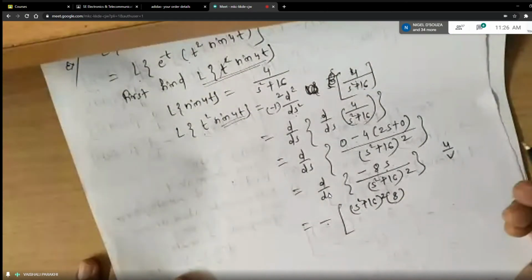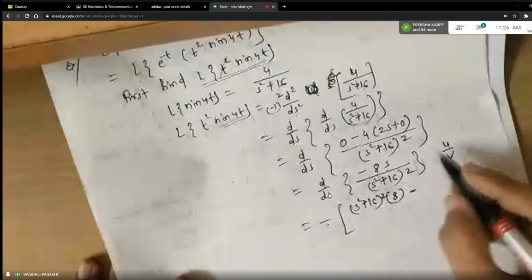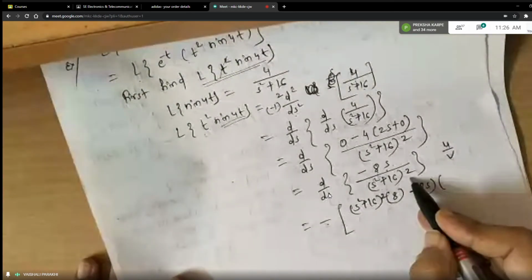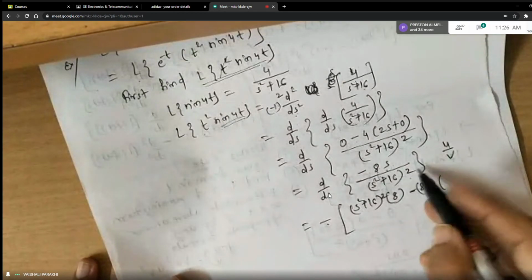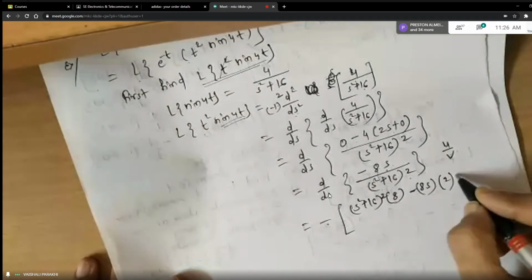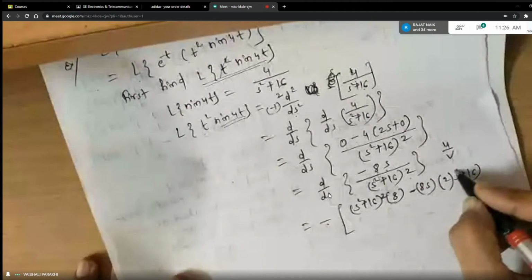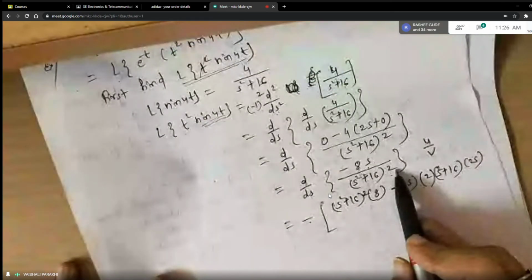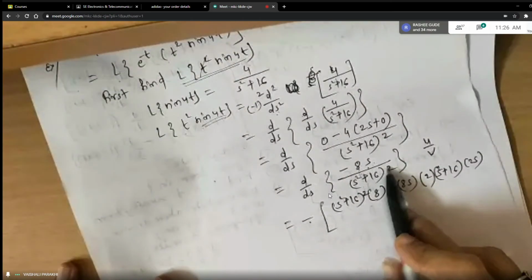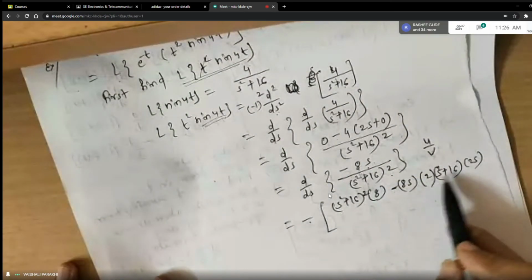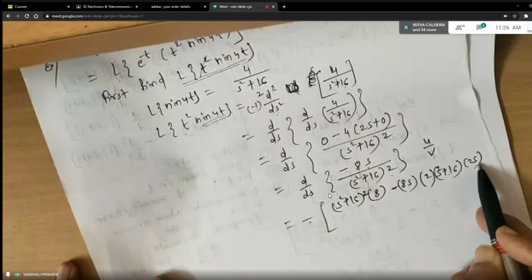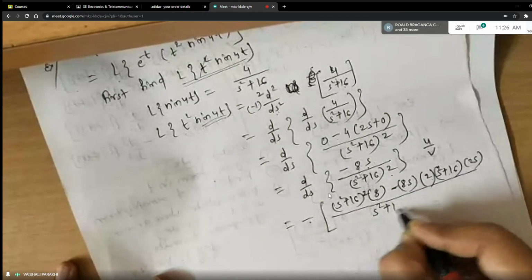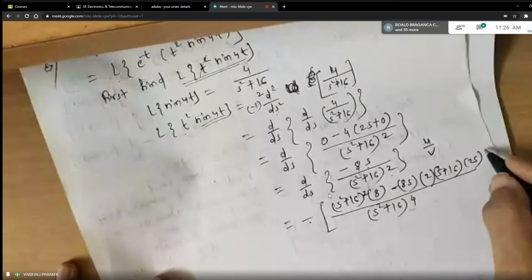It is 8 into 1, so 8, minus numerator into derivative of denominator. So what will it be? 2 times (s square plus 16) into derivative of the base, which is 2s. It is a composite function, right? So it is 2 times the bracket into derivative of the inside bracket. Whole thing divided by denominator square, means it will be raised to 4 here.